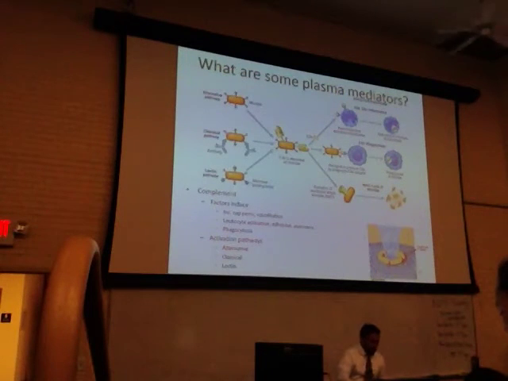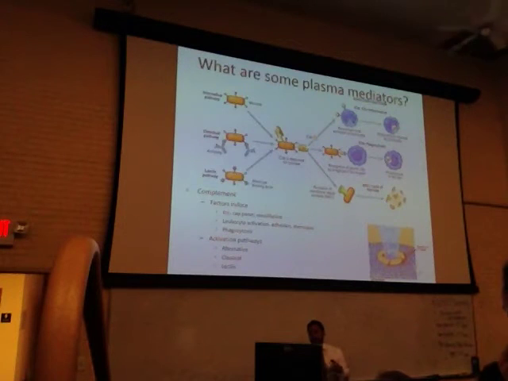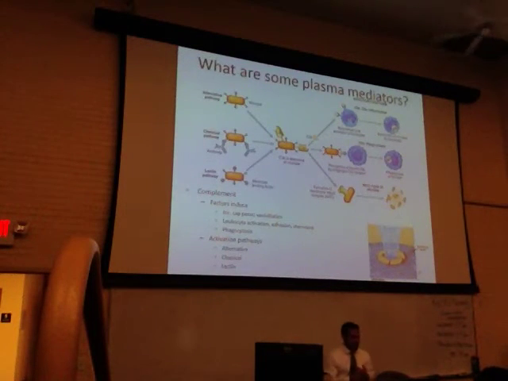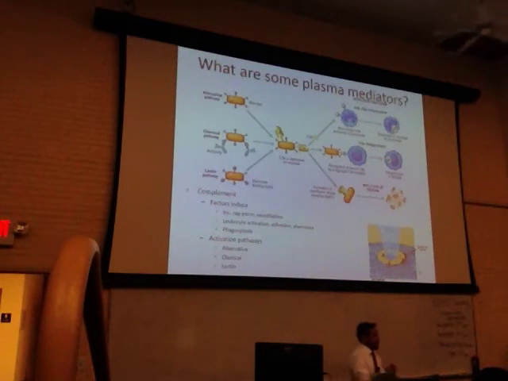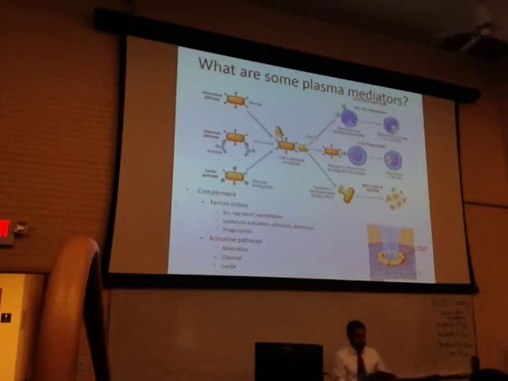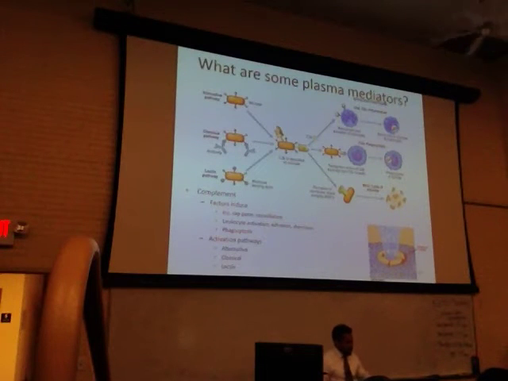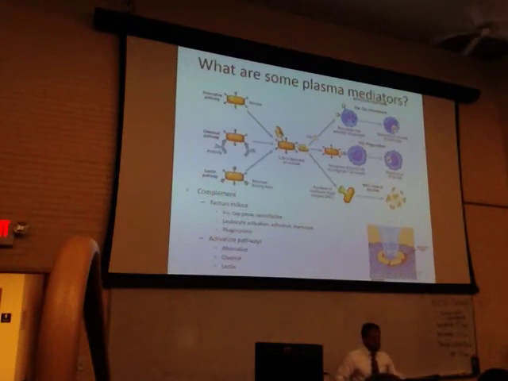And what I want you to know about complement is the complement system is this biochemical cascade that helps, or complements, if you will, and that's why it's called that, the ability of antibodies to clear pathogens. It's part of the immune system. It's called the innate immune system because it doesn't change. The complement proteins are all the same. It consists of a number of small proteins that are made in the liver and released into the bloodstream.